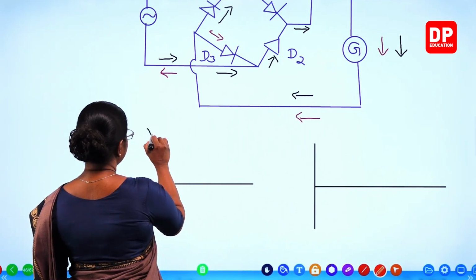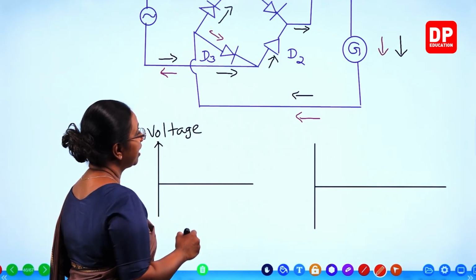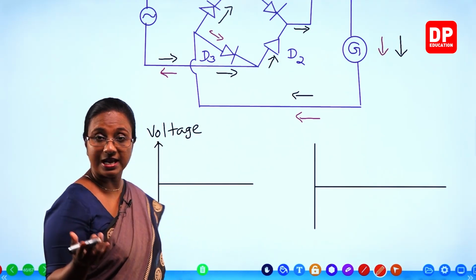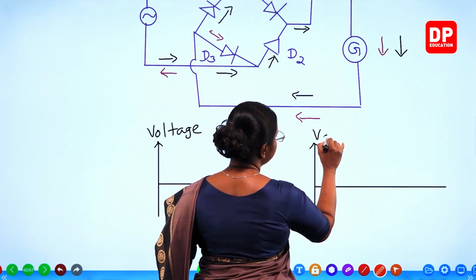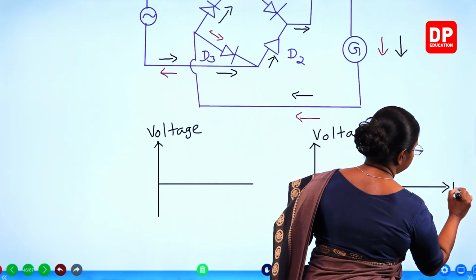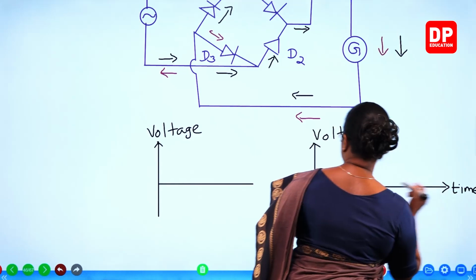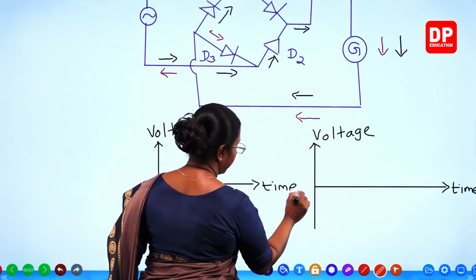So, here of course I will write this as voltage. Since it's an alternating current, we can use both voltage and current there. Either way you get the same graph. Voltage with time. Here also we have with time.